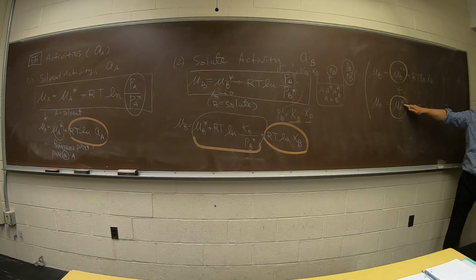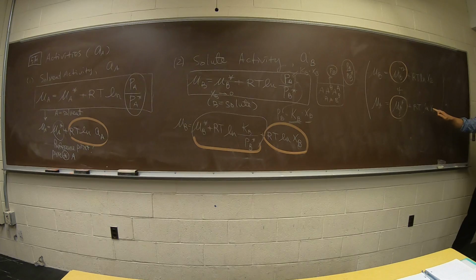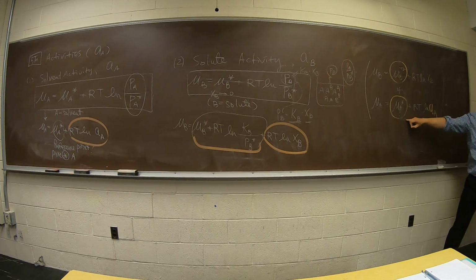This is a pure state. This is a mixed state. This is the mole fraction. That's the best case scenario. Unfortunately, it doesn't work in most cases. So they changed this one to A, the activity of A. This one always works, okay?